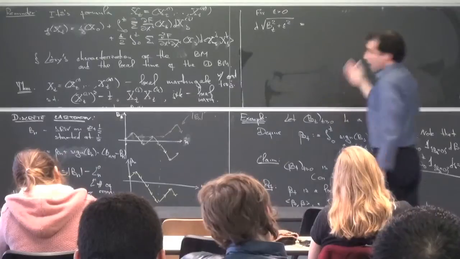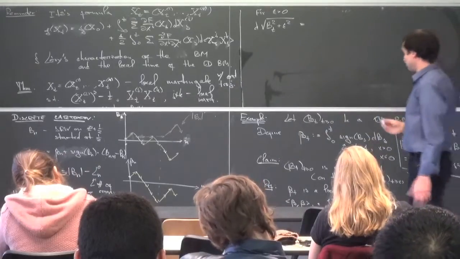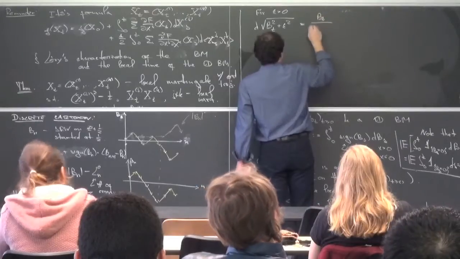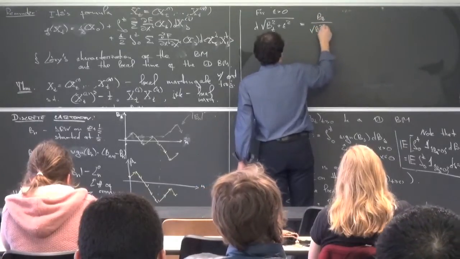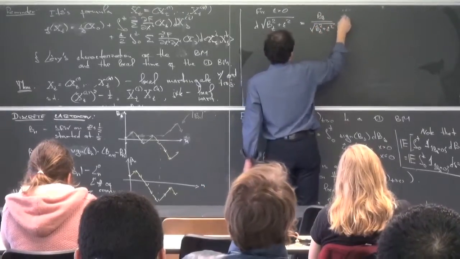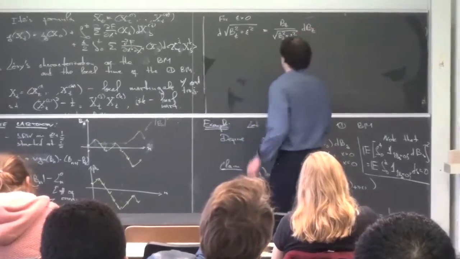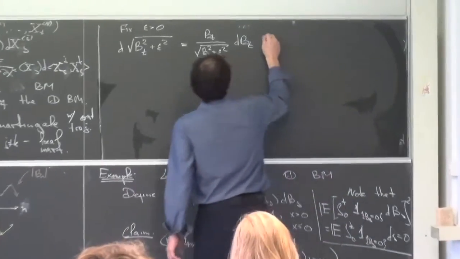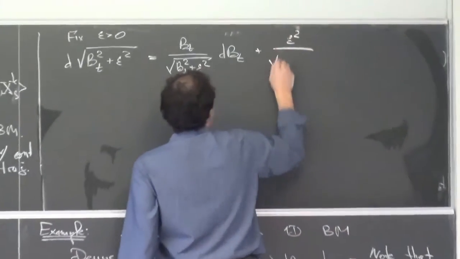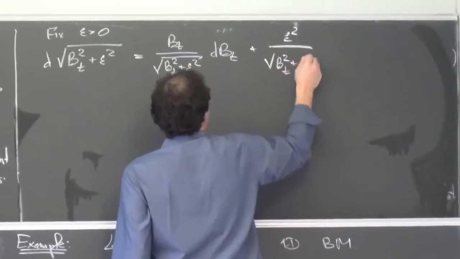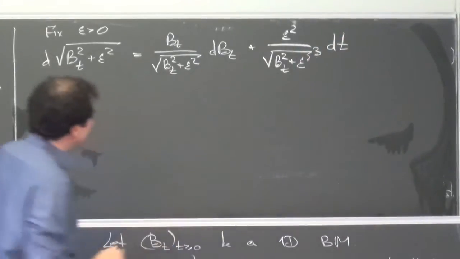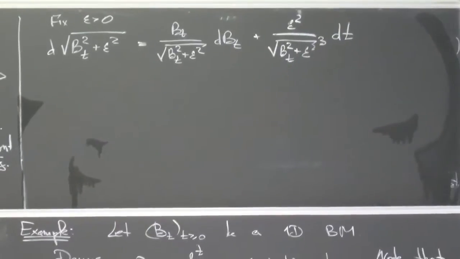Now it's a smooth function, so I just differentiate. This is the first derivative, and the second derivative hopefully is that, and maybe it should be 1/2.